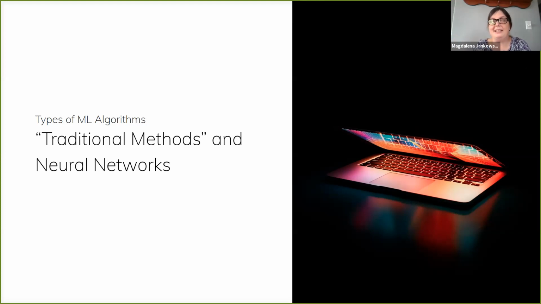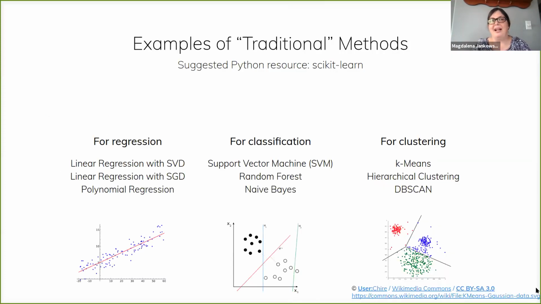And recently, very successful types of algorithms that are used are artificial neural networks, and that kind of divided the methods into artificial neural networks and the other, or let's call them traditional methods. So the traditional methods, I call them traditional, they are not neural network based.